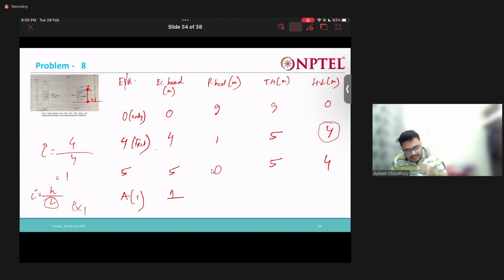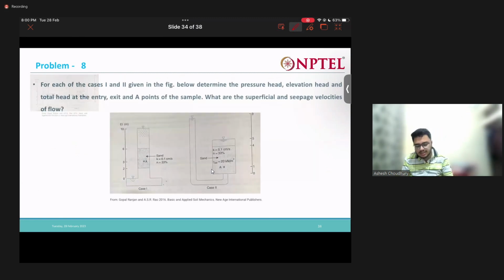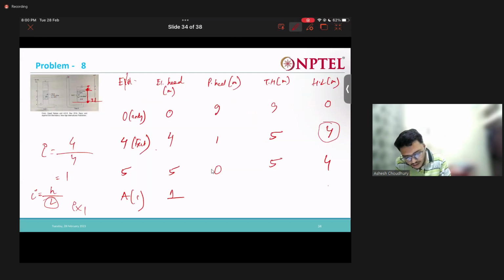Hydraulic gradient into that distance will give me the head loss in that part. So head loss is nothing but 1.